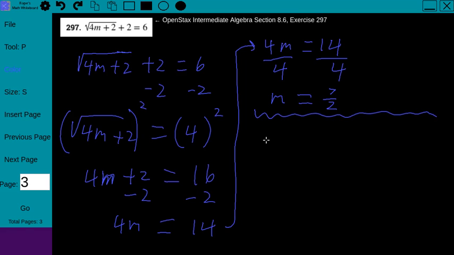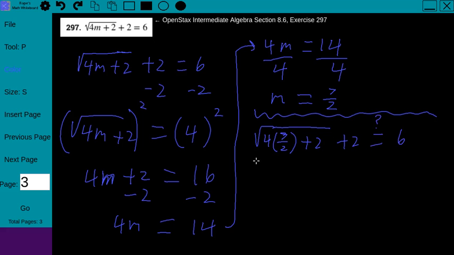So let's do that now, just as a quick check. Square root of 4 times 7/2, plus 2, does that equal 6?